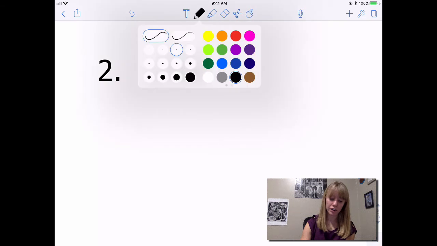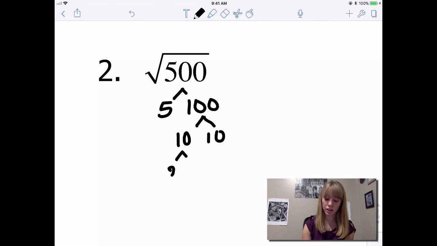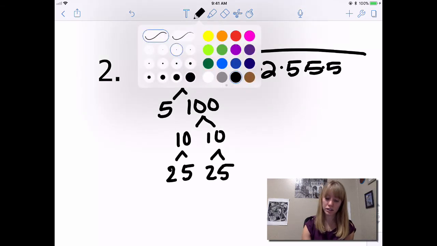Number 2, the square root of 500. I've got to break this big 500 down. The easiest way I can think of is 5 and 100. 100 is 10 and 10. 2 and 5, 2 and 5. So rewrite that all under our square root. I have 2 2s, I have 3 5s, and let's circle some pairs.